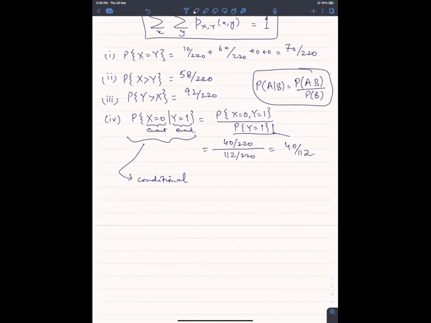Think about it: probability x is equal to 0 is the PMF of x, but this is conditioned on y is equal to 1. This is the conditional PMF of x given y, evaluated at x is equal to 0 and y is equal to 1. We denote it as the PMF of x given y, with the value of x set to 0 and the value of y set to 1. This is what we have found.